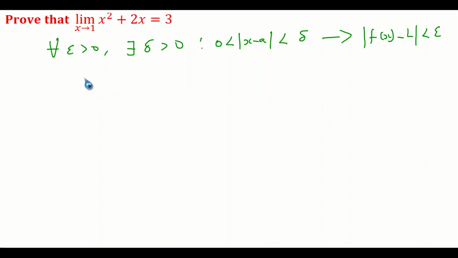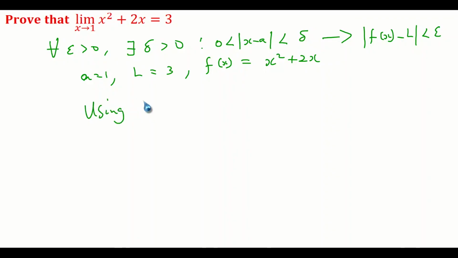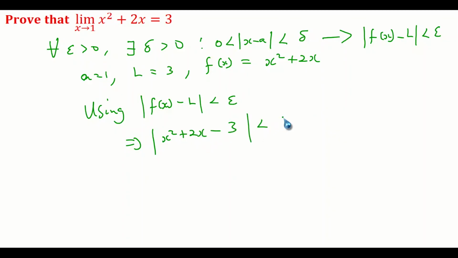Given that a is equal to 1, the limit L is equal to 3, and the function is now a quadratic function, which is x squared plus 2x. Using the absolute value of f of x minus L less than epsilon, it implies that the absolute value of x squared plus 2x minus 3 is less than epsilon.